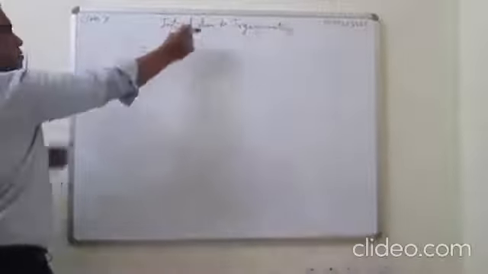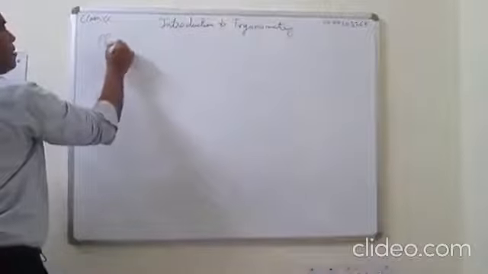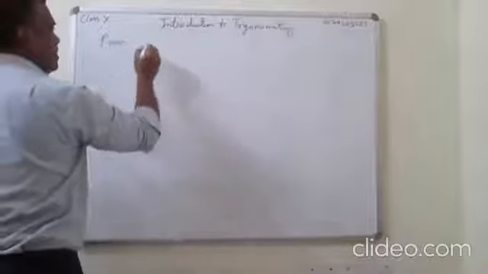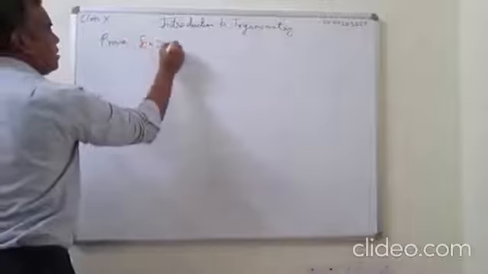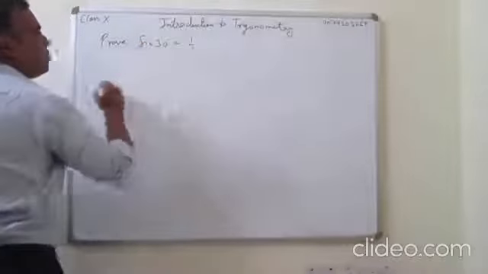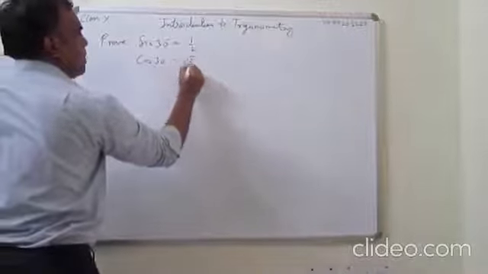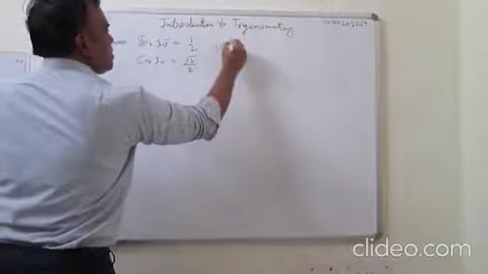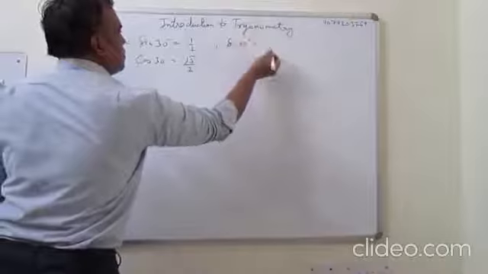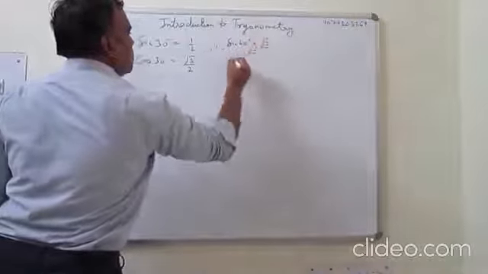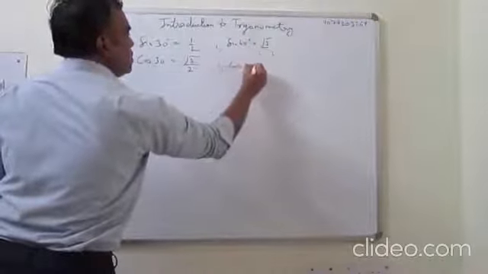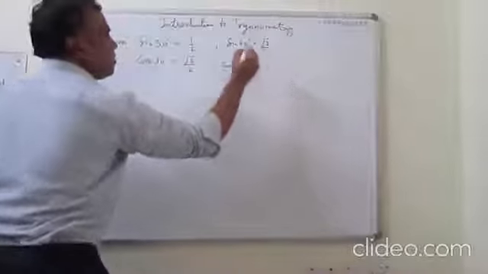Now prove the trigonometric ratios of 30 and 60. Sin 30 is equal to 1 by 2. Cos 30 is equal to root 3 by 2. Sin 60 is equal to root 3 by 2. Cos 60 is equal to 1 by 2.